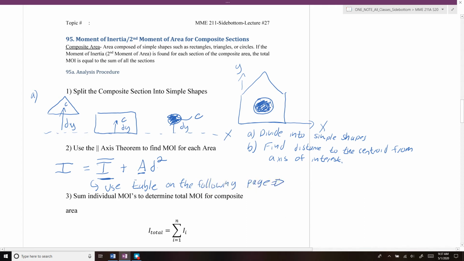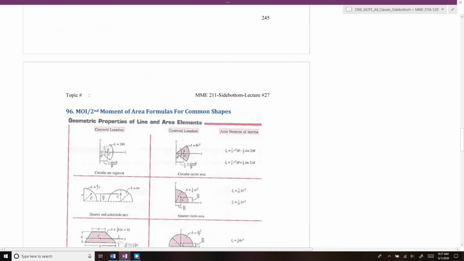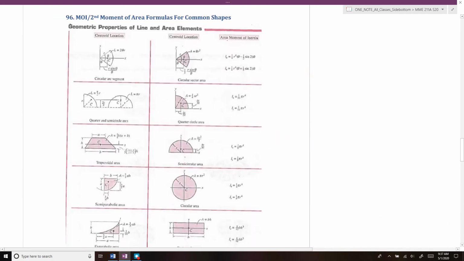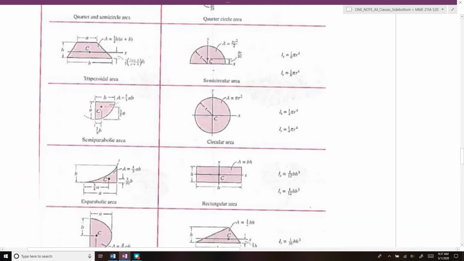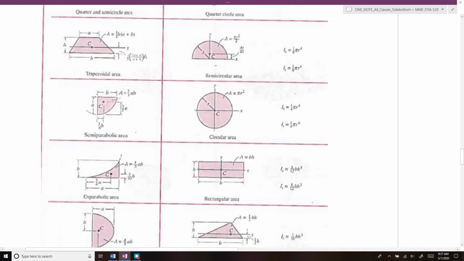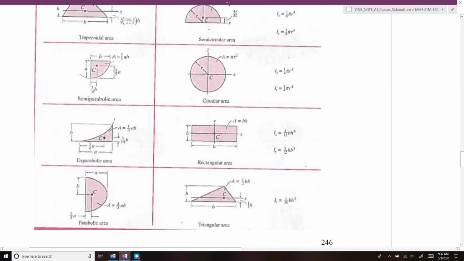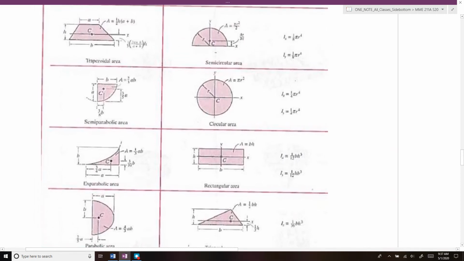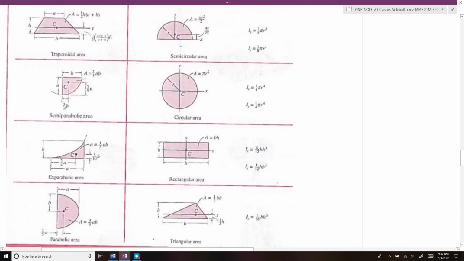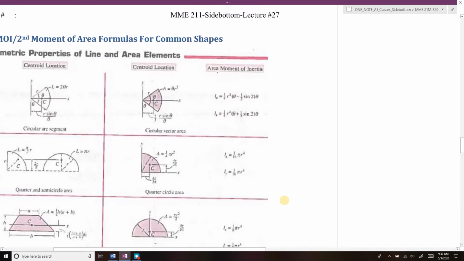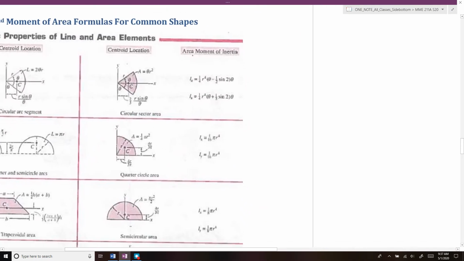If we go to the next page here, what you'll see is a bunch of different types of areas, so trapezoids, parabolas, and others.